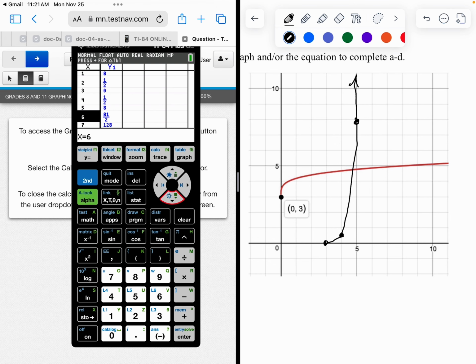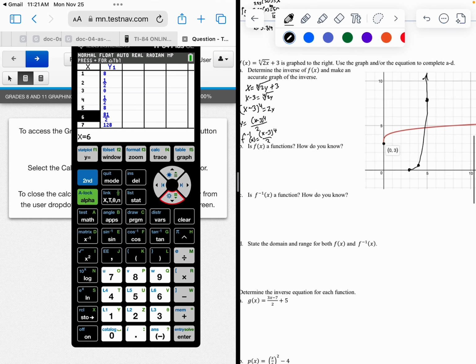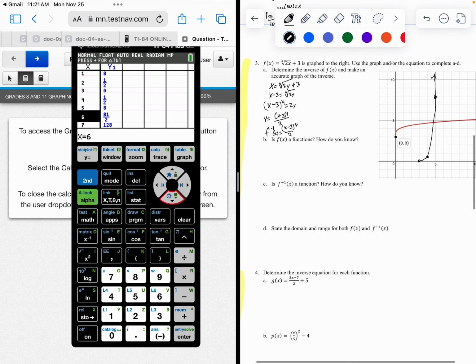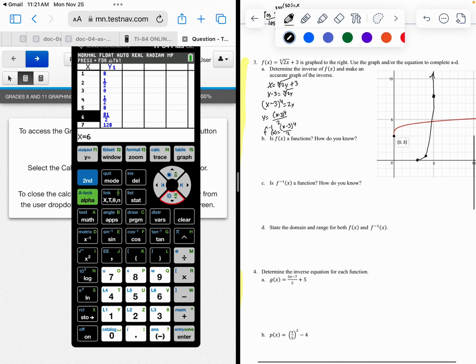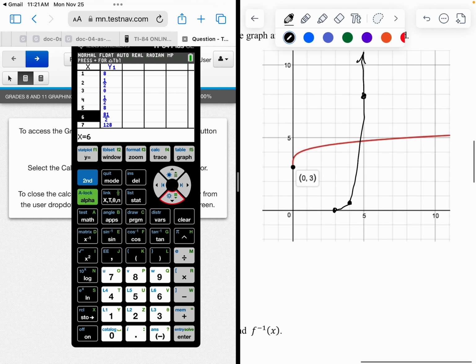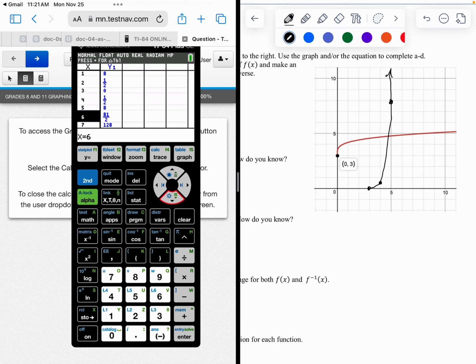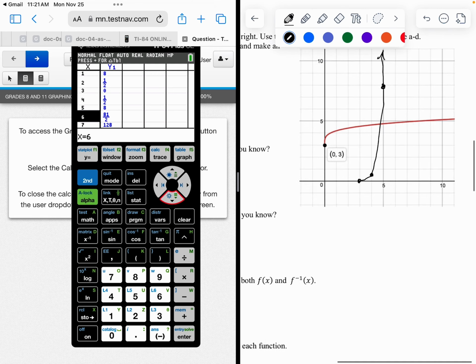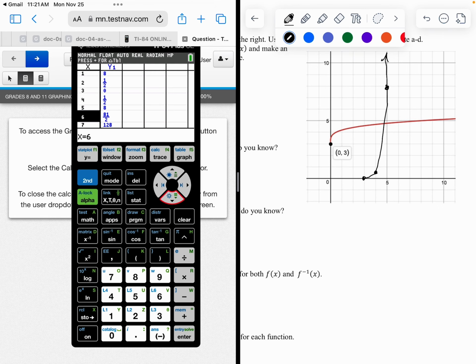We're only gonna graph the right side of it, because since the original equation is only the positive half, we're only gonna graph the right side of f inverse.